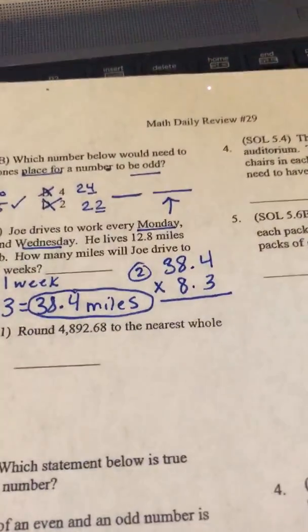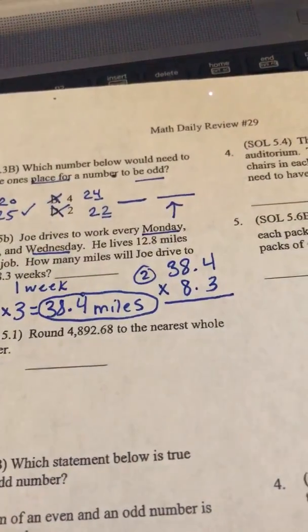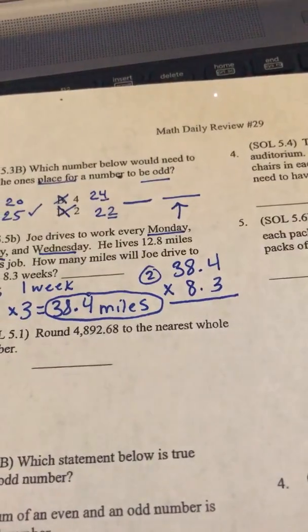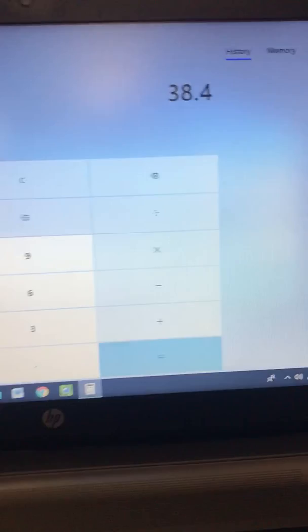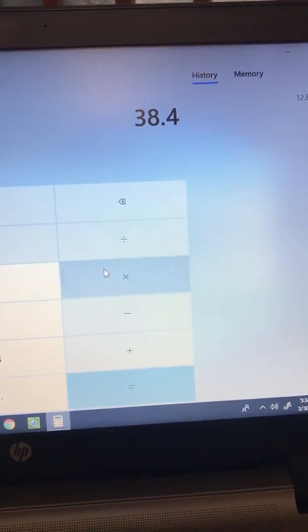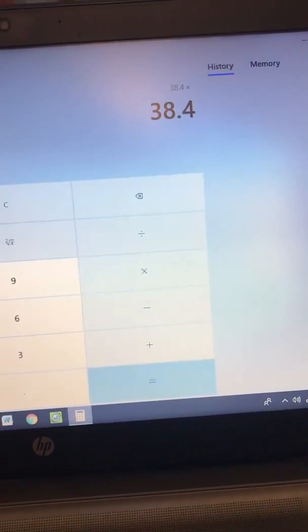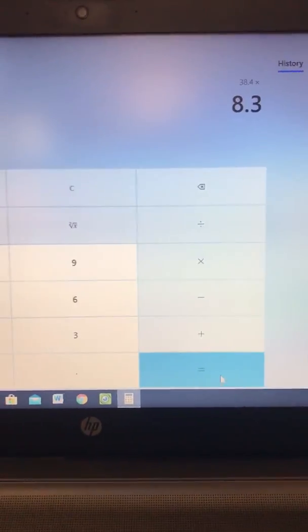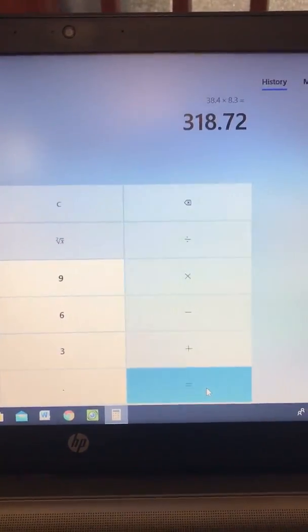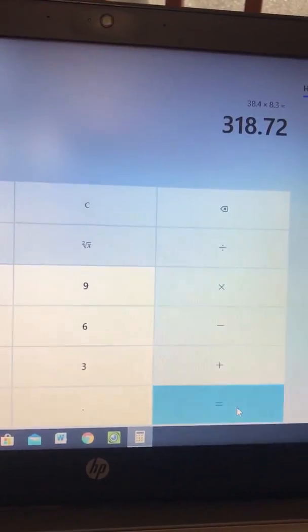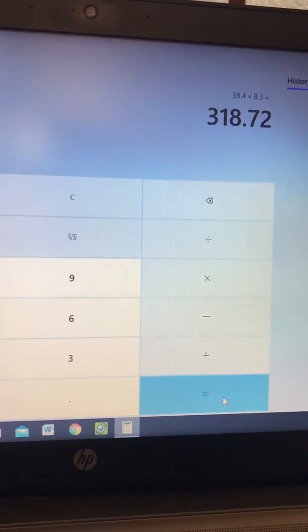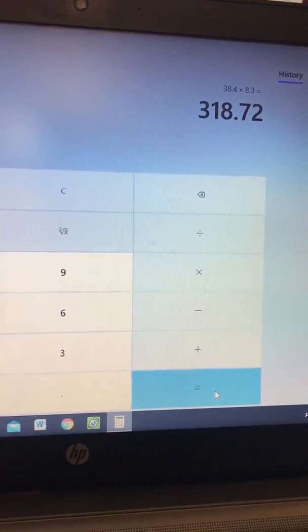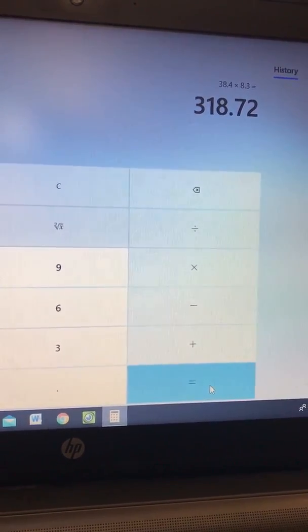So that means that if I calculate Joe's travel, 38.4 miles for 1 week, I'm going to multiply that by 8.3 weeks, and then this should give me the total number of miles. So in 8.3 weeks, he will have traveled 318.72 miles.